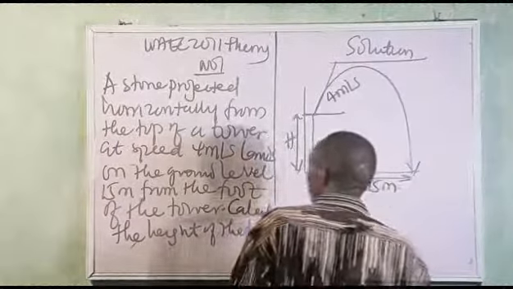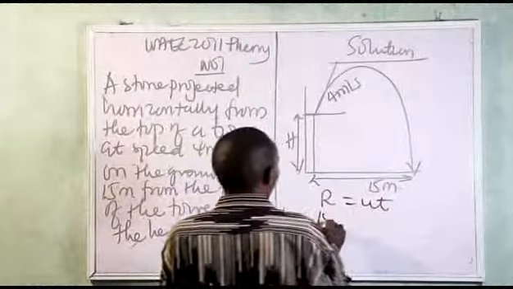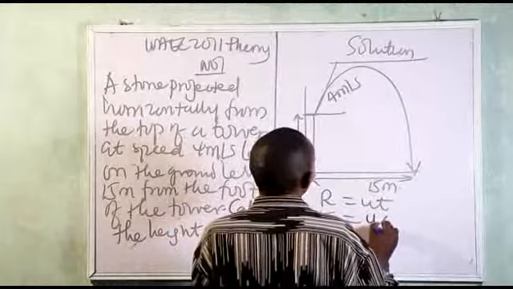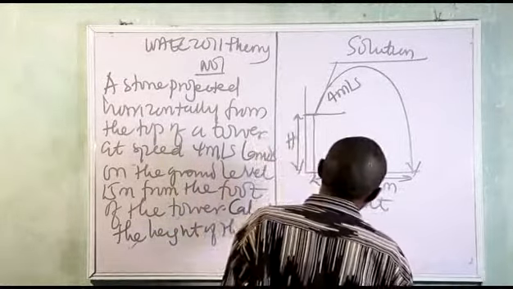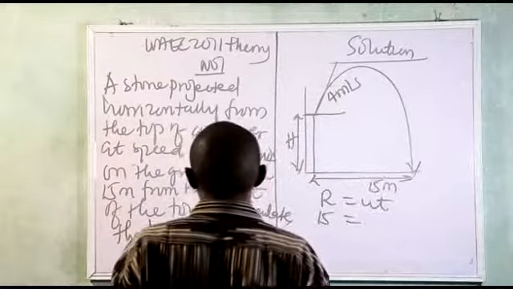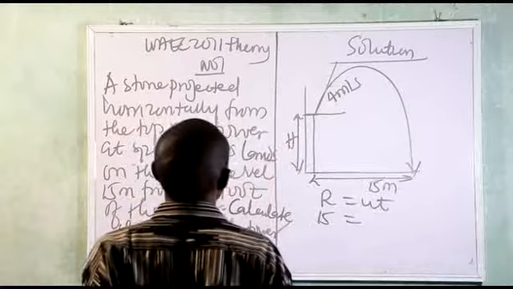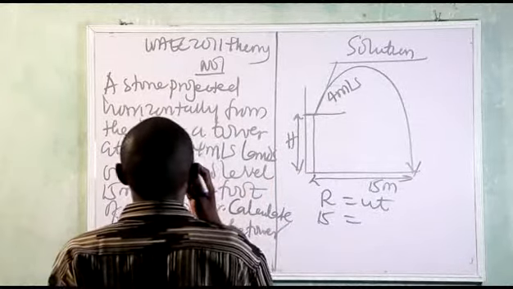So with R equals UT, the formula for range, 15 equals velocity, 4, sorry. R equals UT.